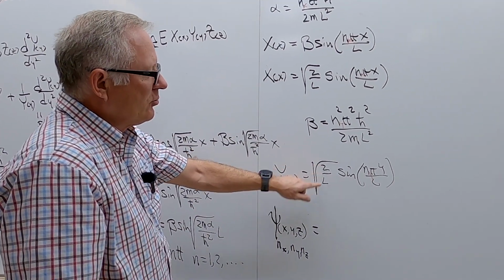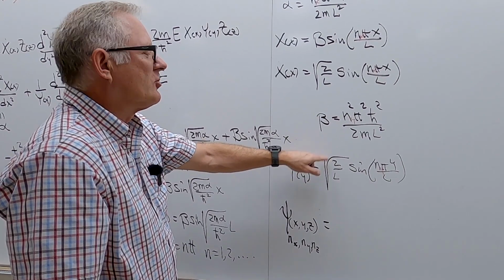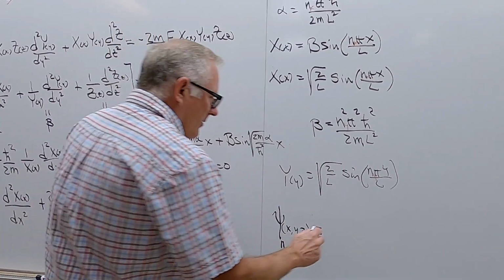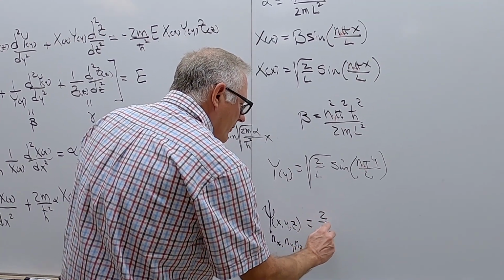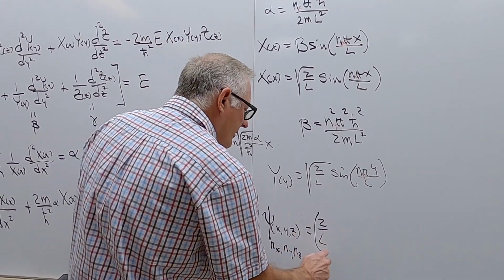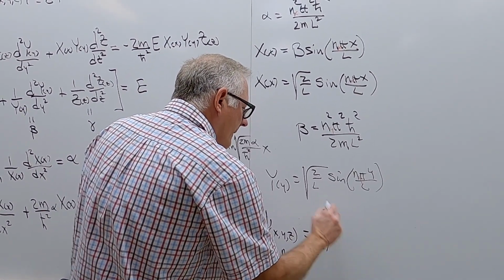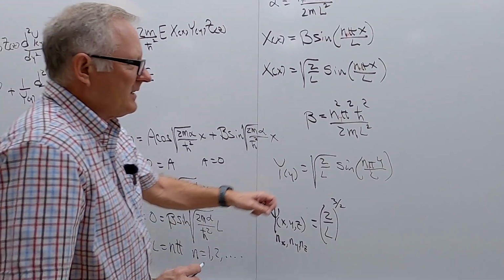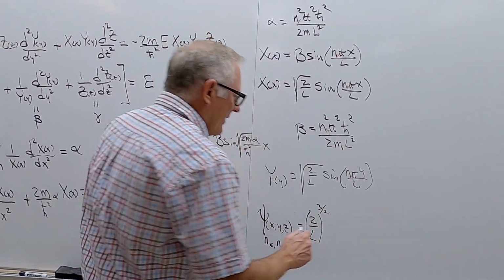So it looks like it's the square root of 2 over L cubed, or 2 over L to the 3 halves. That would be the normalization, and then you'd get the 3 sine functions.